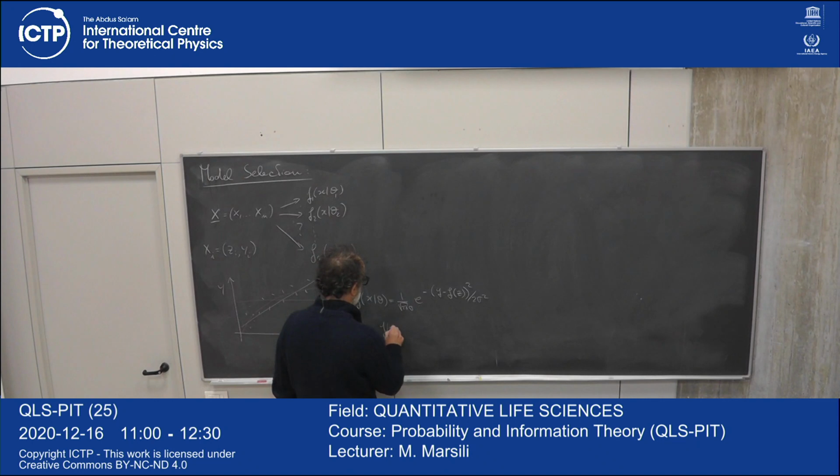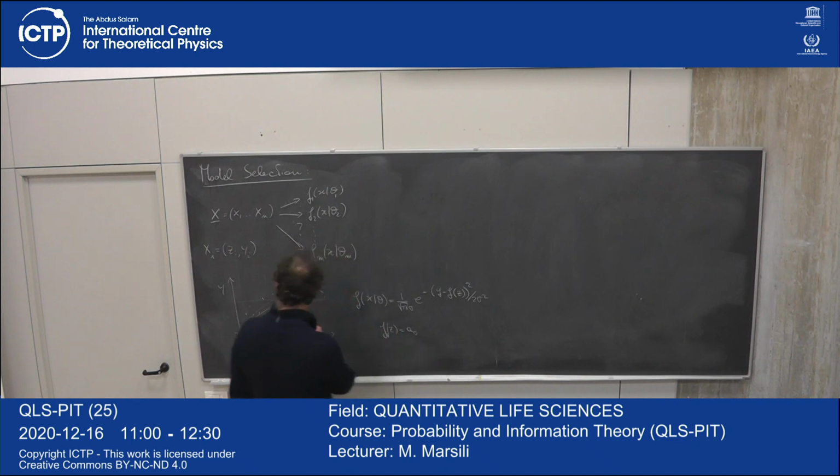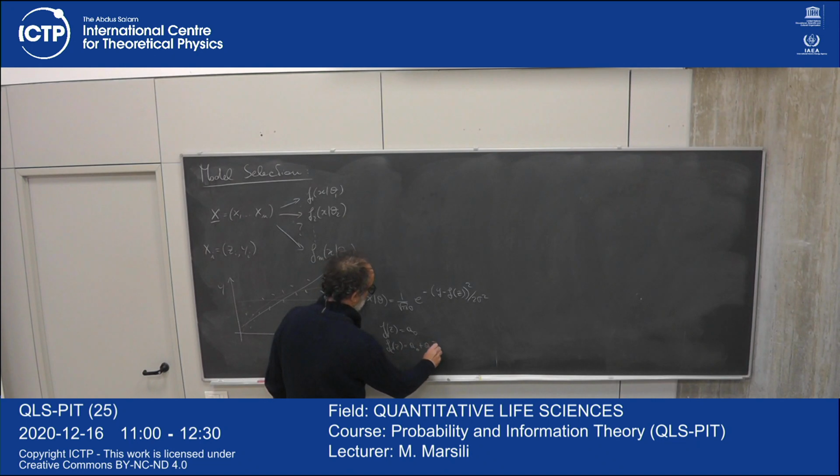And then you can take that f of z is just a constant A0, or this would be the model 1, of a straight line, f of z is A0 plus A1 times z, and you can go on like this.